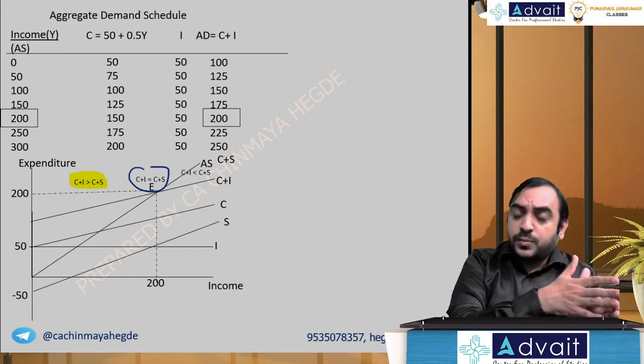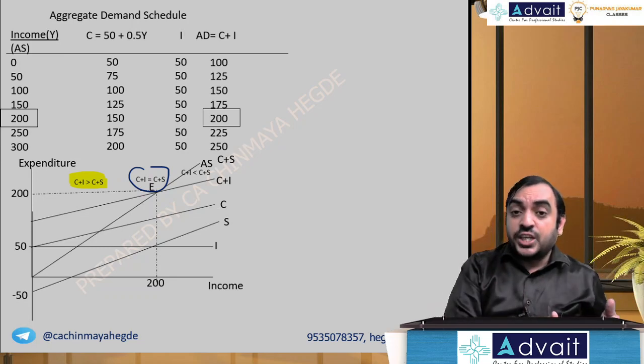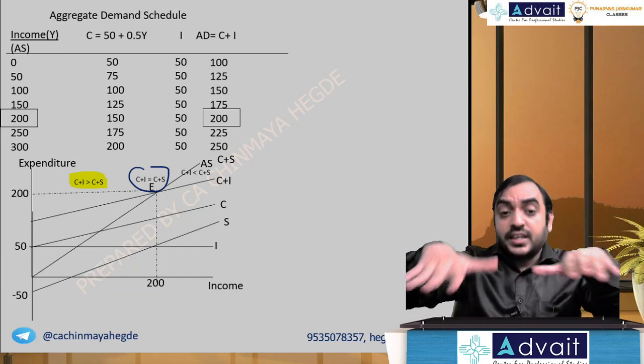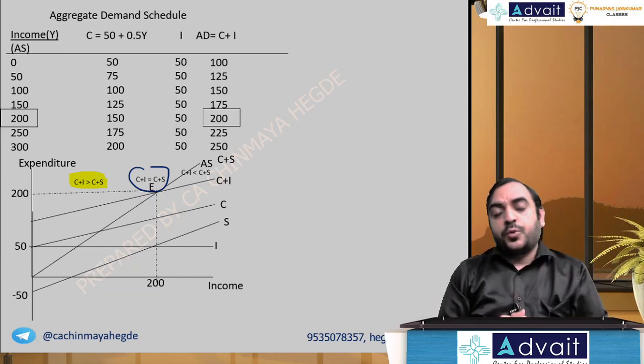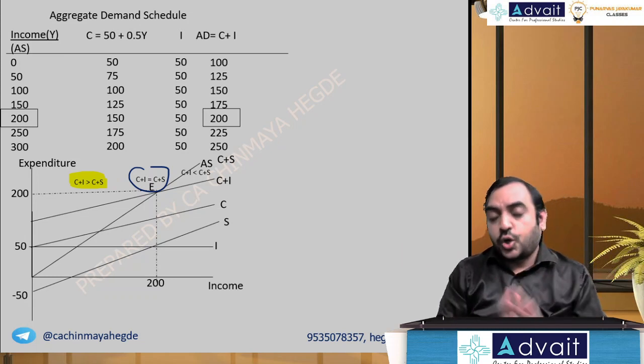So either surplus or shortage will be there. Below equilibrium point, there is a deficiency. Above equilibrium point, there will be a surplus in the economy, in the goods which are being produced, relating to the income of individuals, and so on.